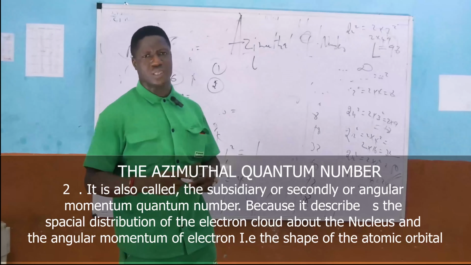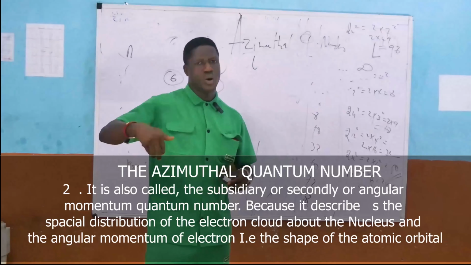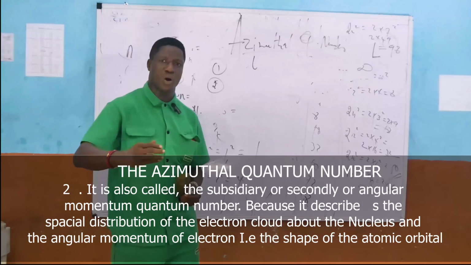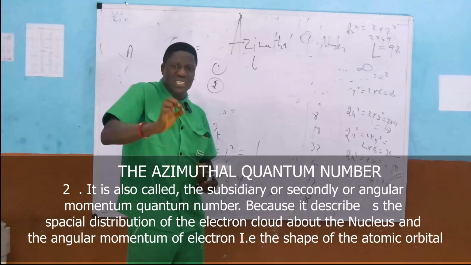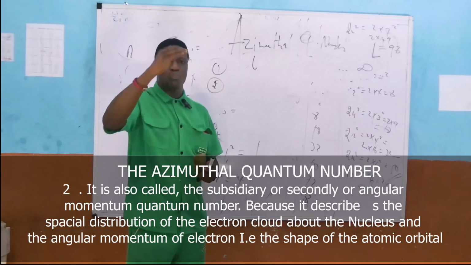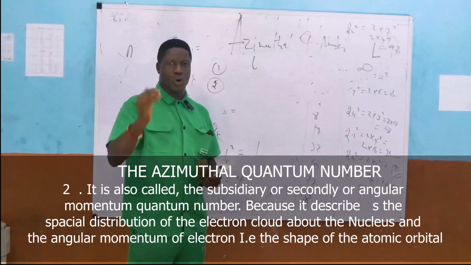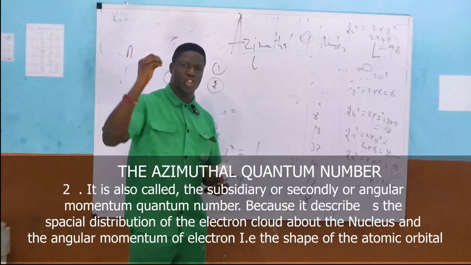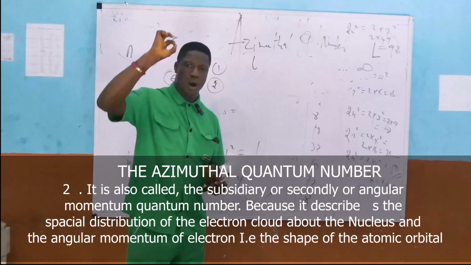Why do we call it the angular momentum quantum number? Because it describes the spatial distribution of the electron cloud about the nucleus, and also provides detailed knowledge of the shape of the atomic orbital.